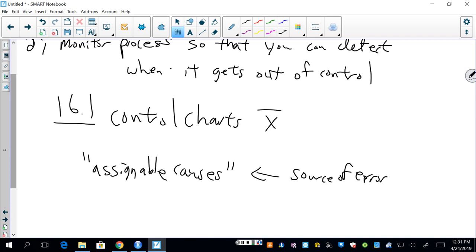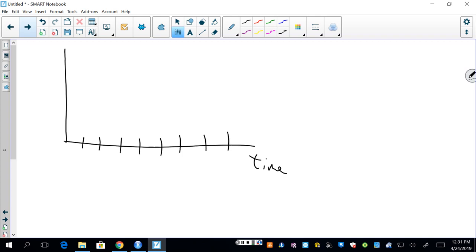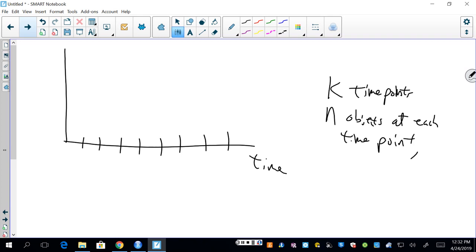So the idea of control charts based on X bar is that over time we're going to have certain time points, K time points. We're going to sample n objects or products at each time point, and each time compute the average.